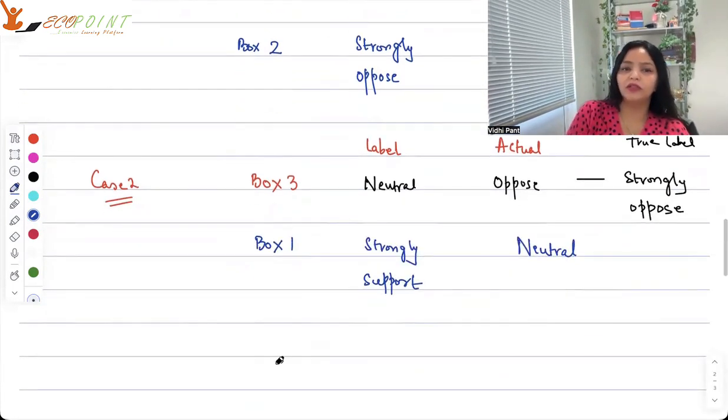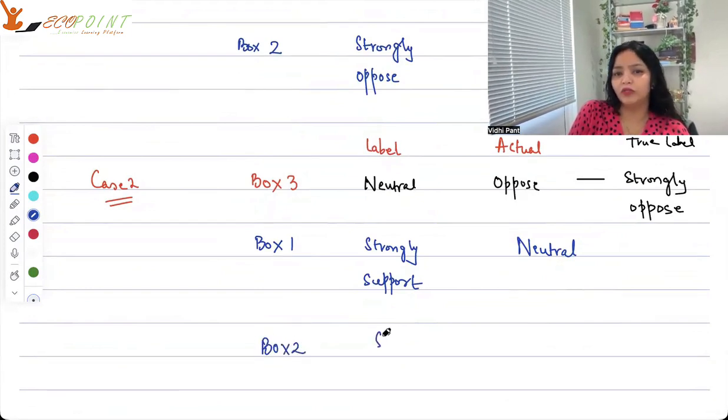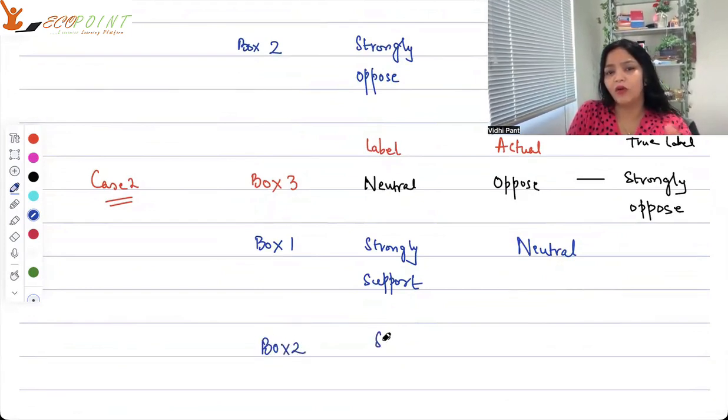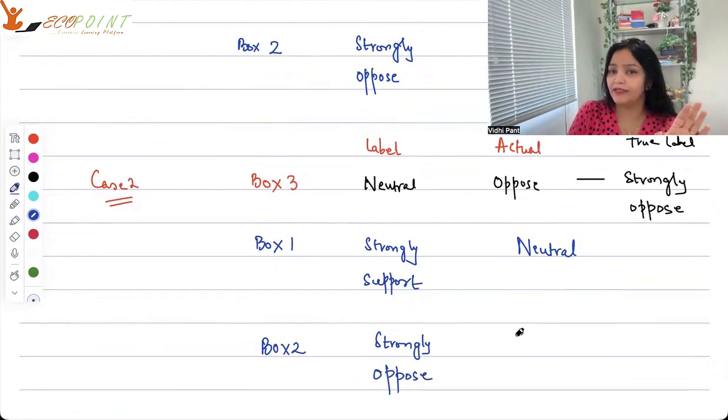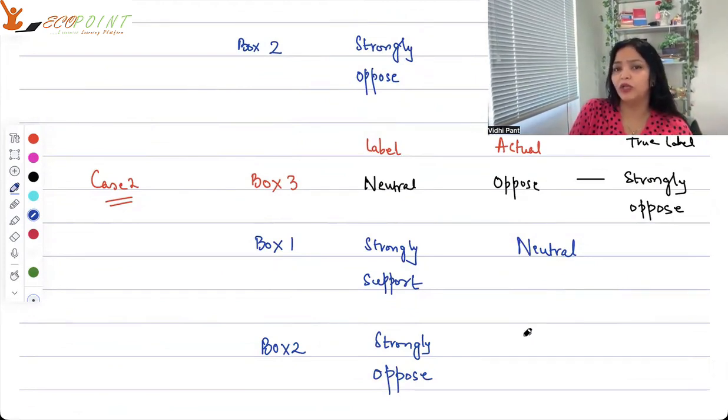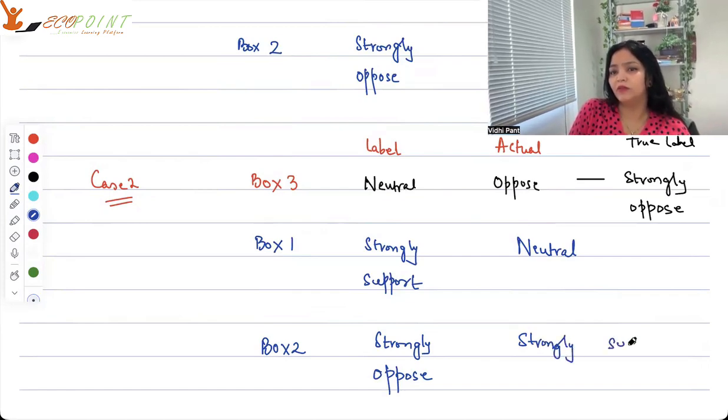If this is neutral and box 2, which is the wrong label given to us, is strongly oppose, therefore, since we want to make this label wrong, the actual in it should be strongly support.